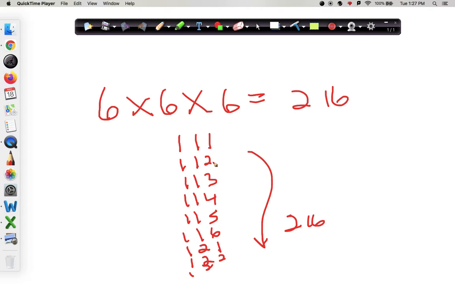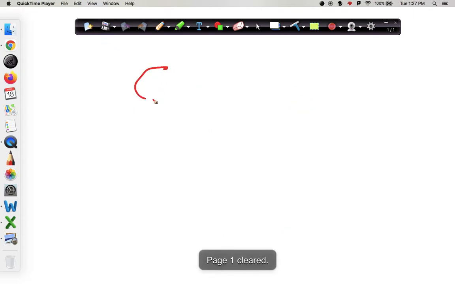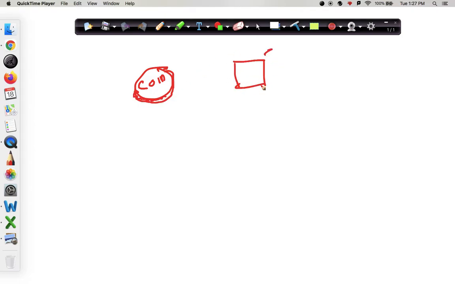Let's do one more. What if we had a coin like this that we're going to flip? So that means it's heads or tails. And then we have a number cube. What would happen if we did both of those? How many different outcomes could we have? So flip a coin and then roll a number cube. We could have heads and tails.